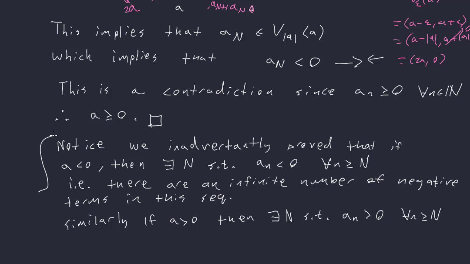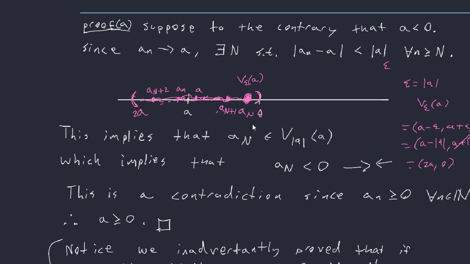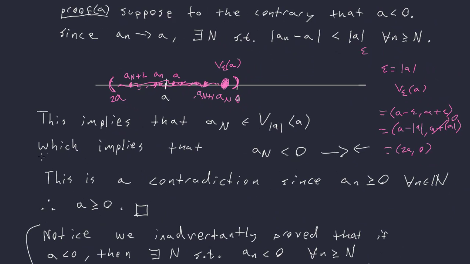So we actually got this sort of from the proof of this part A, and we kind of saw something similar in the last theorem that we were proving. Okay.